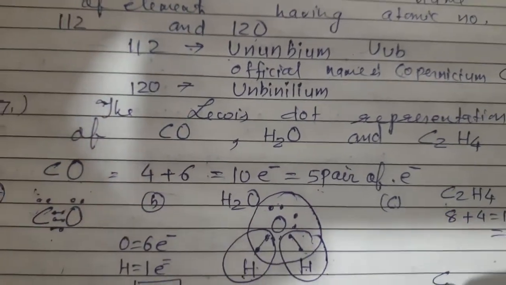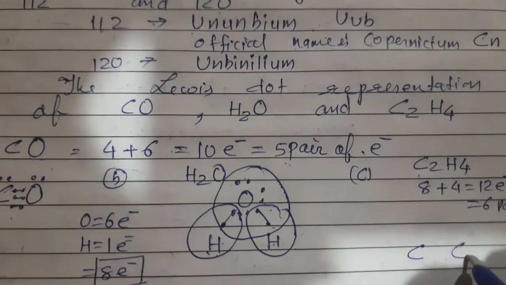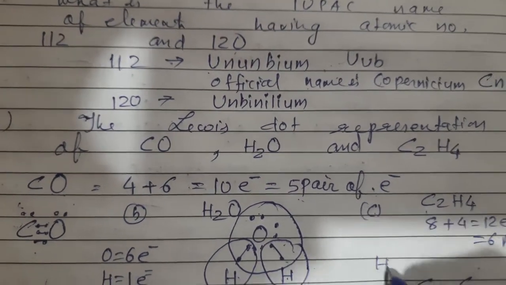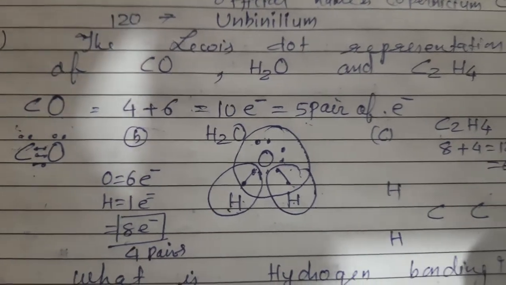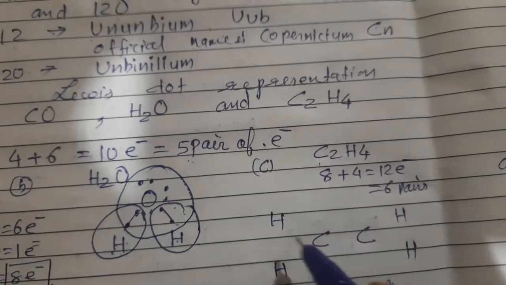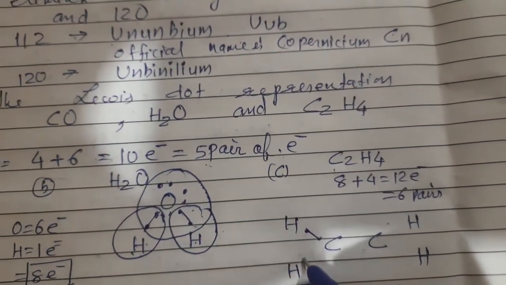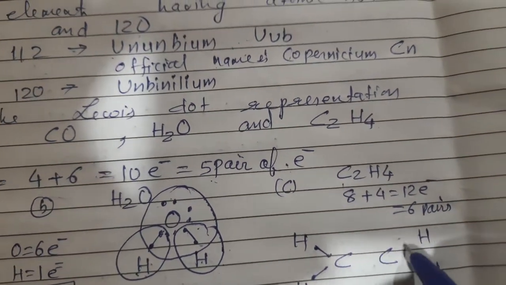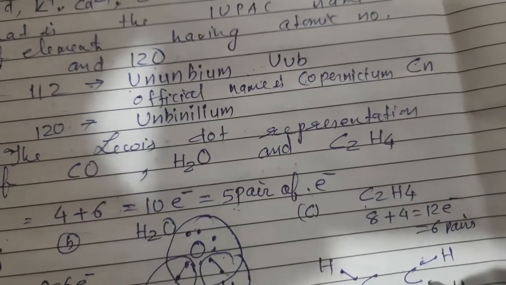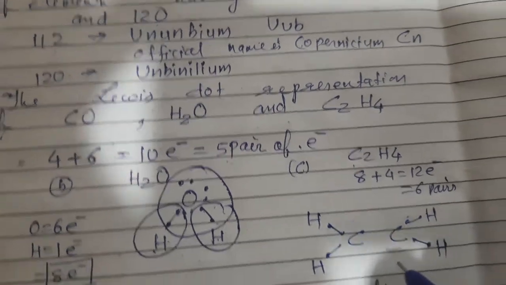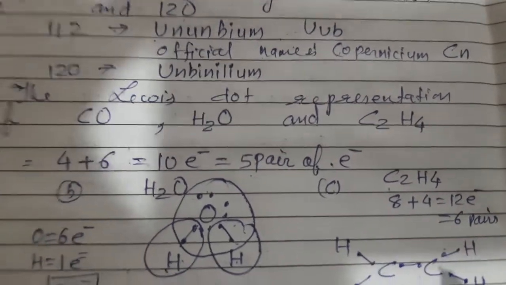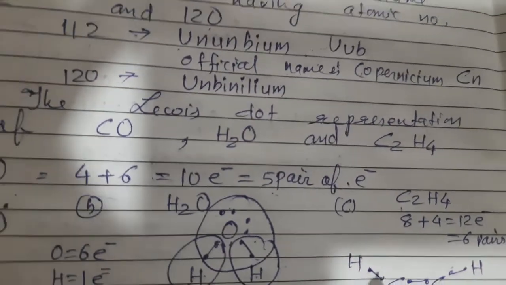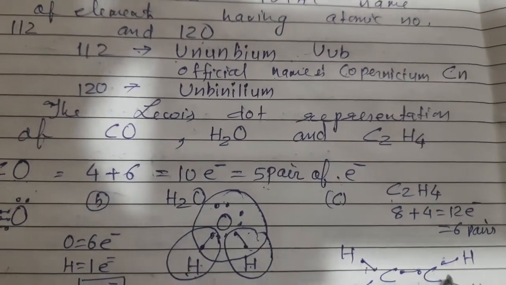So C, H4, H, and H we will write here like this. One bond is compulsory to make, so let us make one bond. We see all the 4 hydrogens have 2 electrons by sharing. Total 6 pairs we have to adjust. 5 pairs are already adjusted: 1 2 3 4 5.